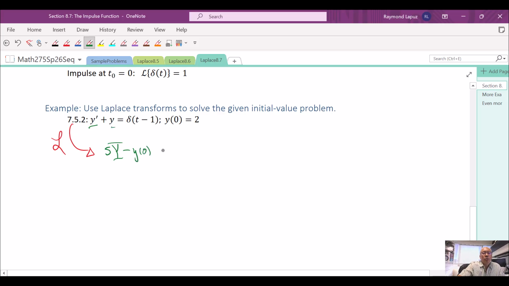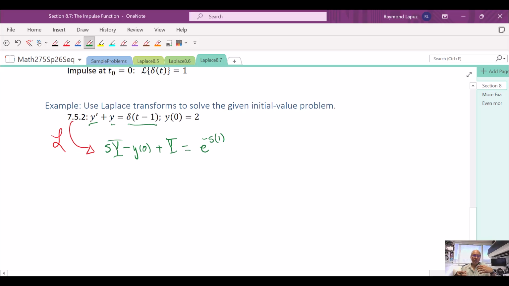And then you have plus Y there, and then equal to the delta function. So this has a t naught of 1. So this is going to be e to the negative s times 1, so that's just essentially e to the negative s. Now remember, a delta function makes that shift in the real world, and a shift in the real world means an exponential function in the Laplace world. And this is what we have.